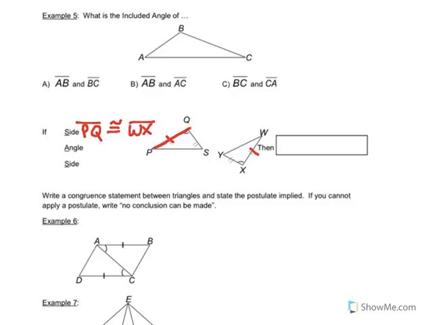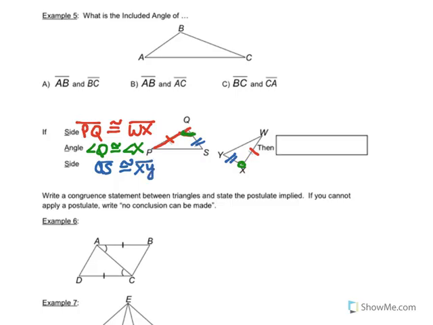And then, how about an angle? We have angle Q. Do this in green. Angle Q is congruent with angle X right here. And then we can see that QS is congruent with XY.